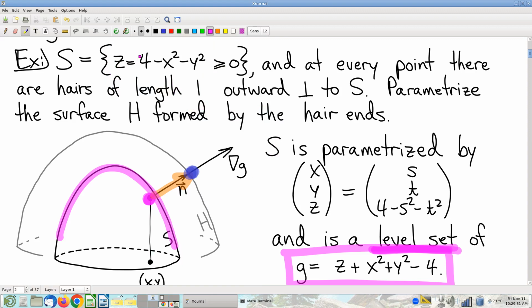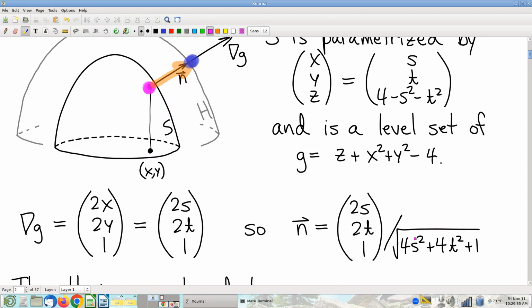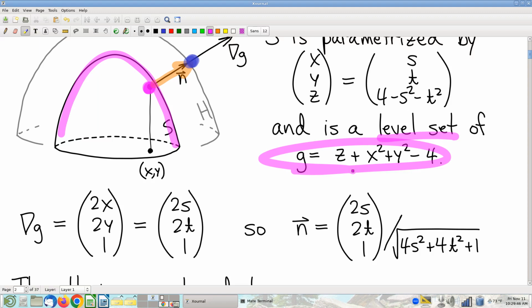Okay, so point being then that this surface that we're interested in here, I'll call it purple. That's fine. We're going to view this as being a level set of that function. I like being able to view surfaces as level sets because we have various tools that we can use.